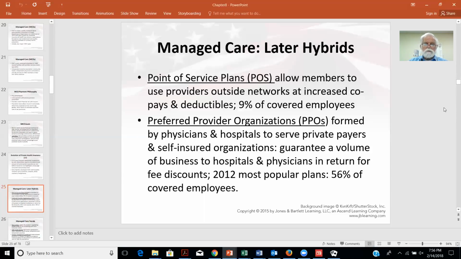So we have point of service plans. Basically, you have a network of providers, but you can go outside that network and pay more. PPOs, preferred provider organizations, basically you have a list of people that are the preferred providers in your area that you go to.